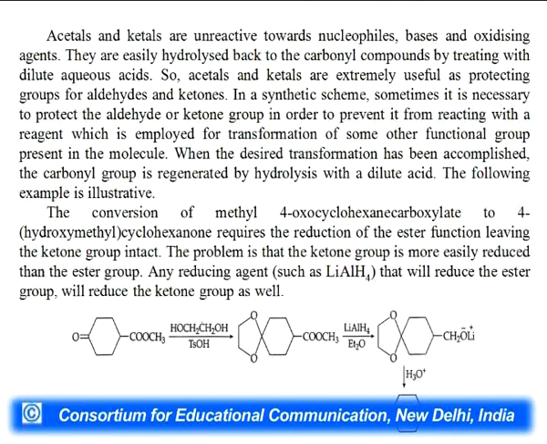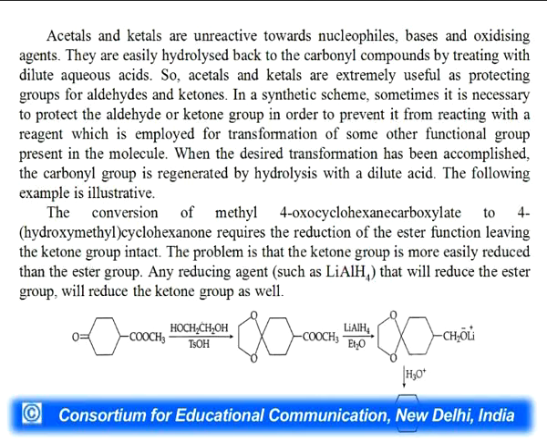Here is an example: the conversion of methyl 4-oxocyclohexane carboxylate to 4-hydroxymethyl cyclohexanone requires the reduction of the ester functional group, leaving the ketone group intact. The problem is that the ketone group is more easily reduced than the ester group. So, it must be noticed that any reducing agent, for example lithium aluminium hydride, will reduce the ester group and will reduce the ketone group as well.